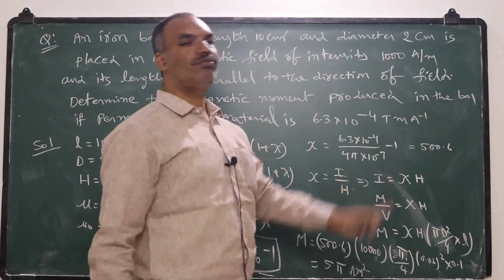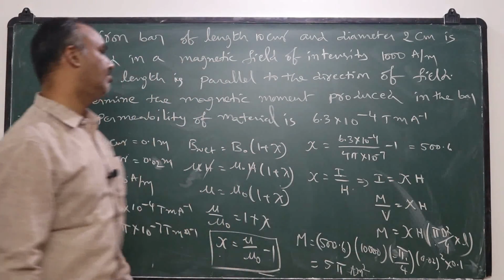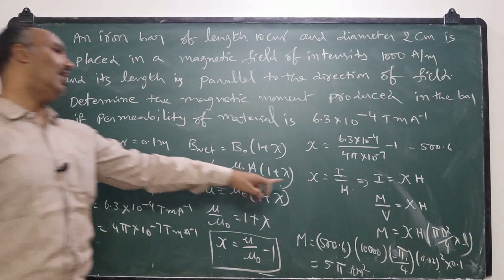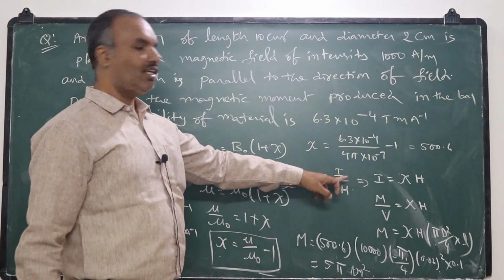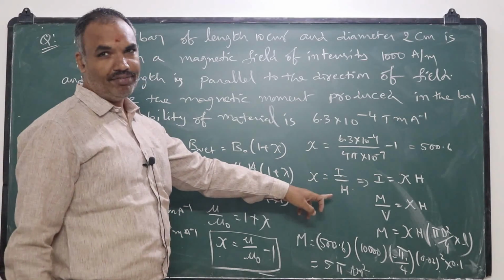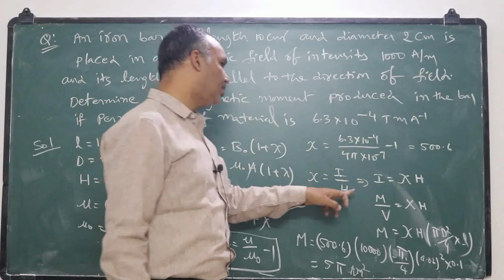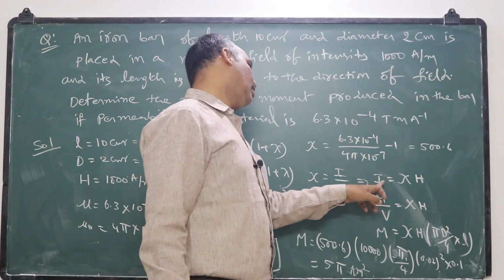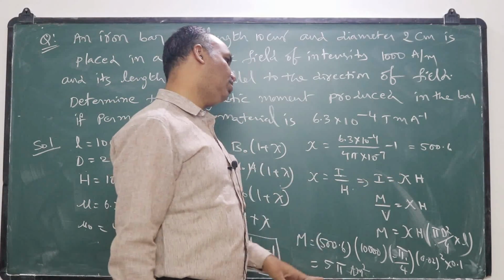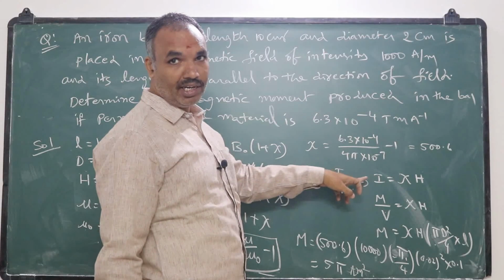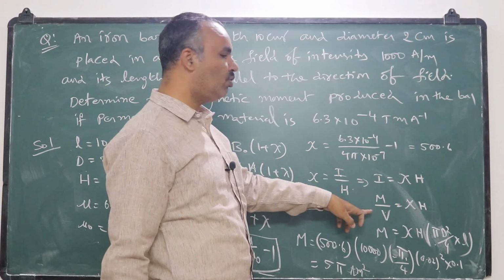I got 500.6. You know that chi is defined as intensity of magnetization to magnetic field intensity. So I is equal to chi H. Intensity of magnetization is defined as magnetic moment per unit volume.